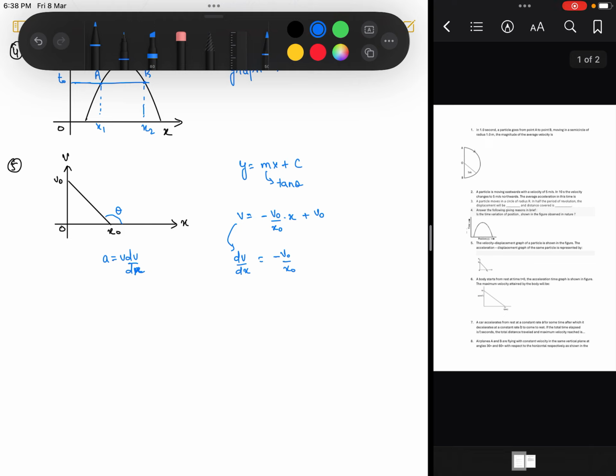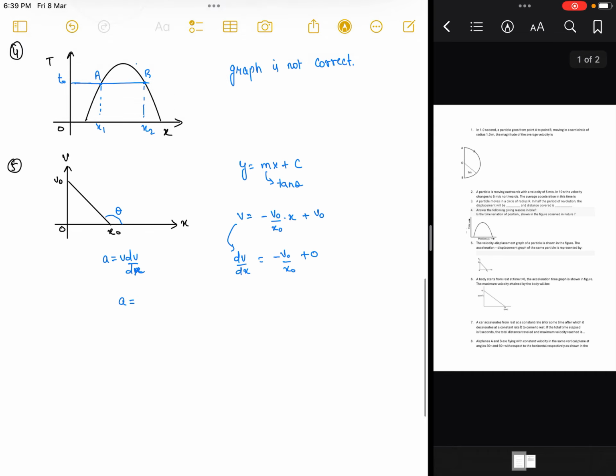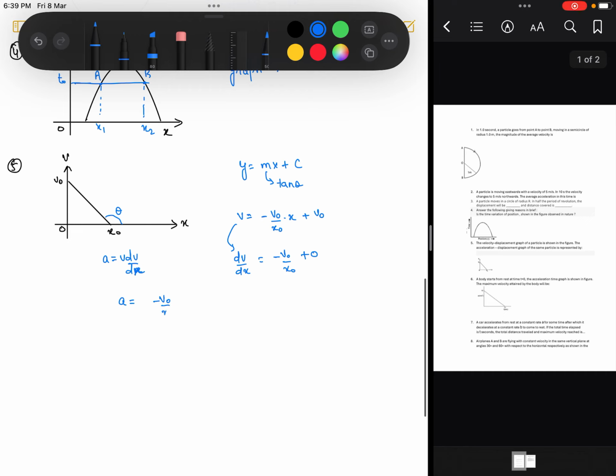Now we can put the value of v and dv by dx from this equation into this equation. The acceleration we will be getting is, v is negative of v naught by x naught x plus v naught, into negative of v naught by x naught.